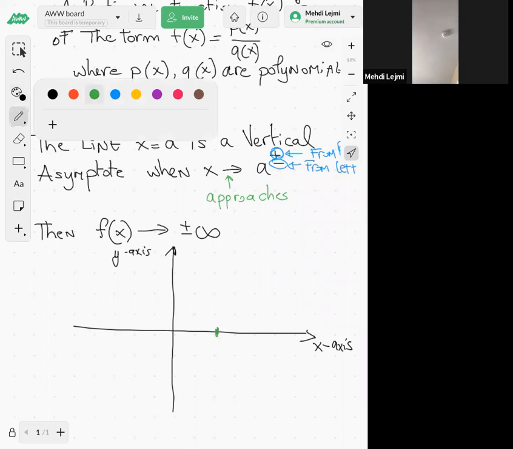So somewhere on my x-axis, I have x equal to a, and here's my line, x equal to a, a vertical line.